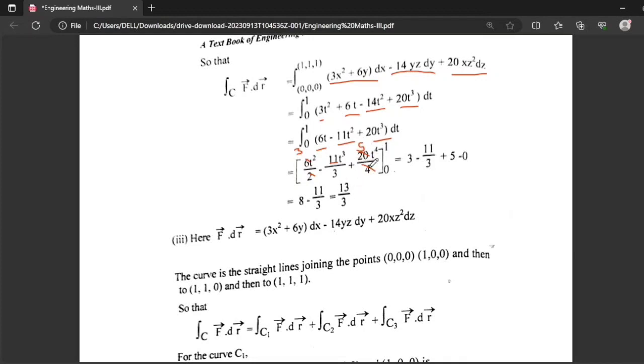Upper limit 1 square is 1, 1 cube is 1, and 1 power 4 is also 1, so it is 3 minus 14 by 3 plus 5, and plugging in the lower limit it is 0 for all. Simplifying, we get 13 by 3.